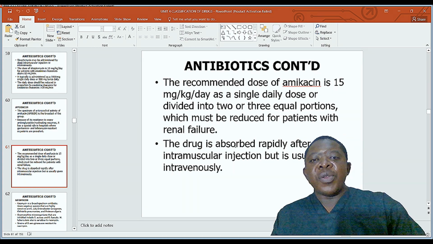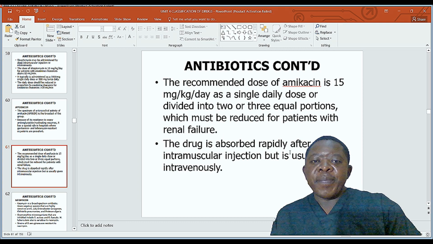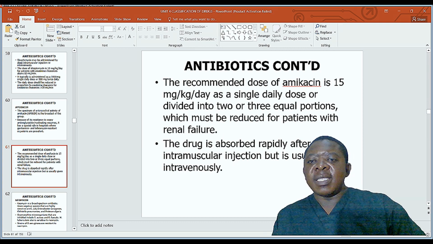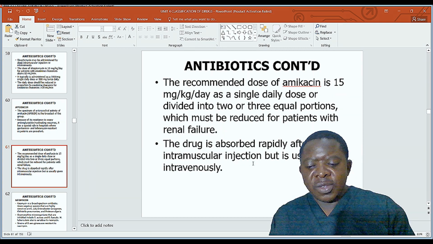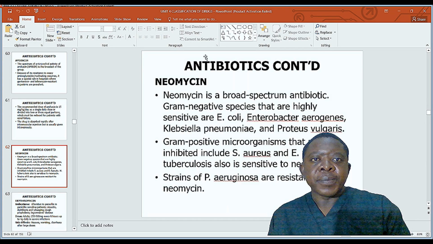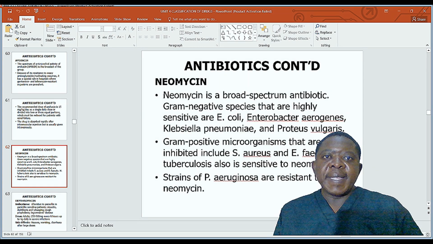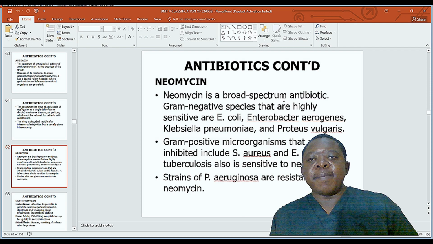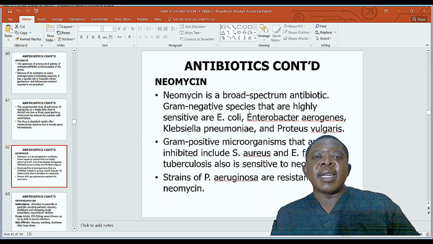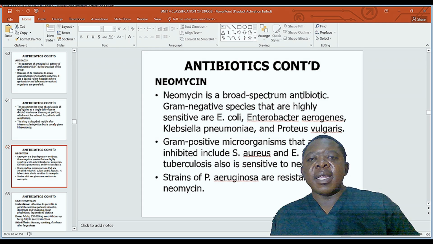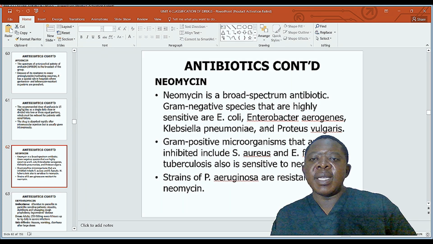The drug is absorbed rapidly after intramuscular injection but is usually given intravenously. Neomycin. Okay, so neomycin is a broader spectrum antibiotic. Gram-negative species that are highly sensitive include E. coli, Enterobacter aerogenes, Klebsiella pneumoniae, and Proteus vulgaris.